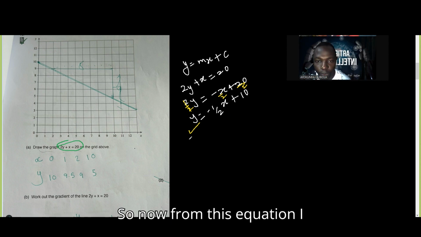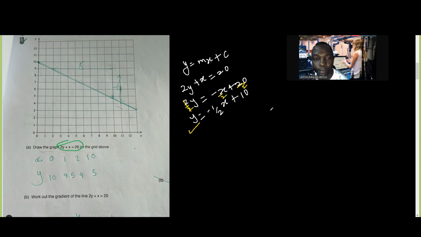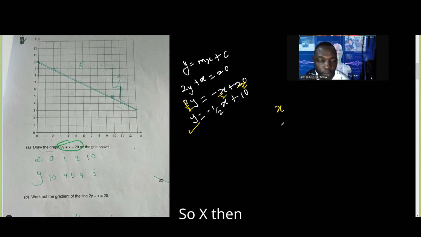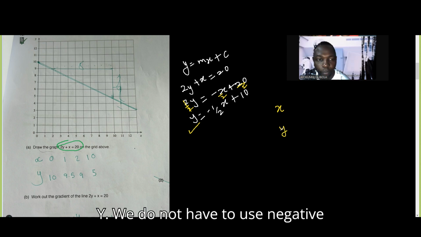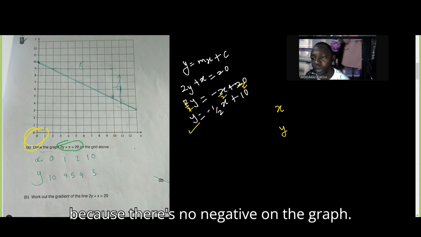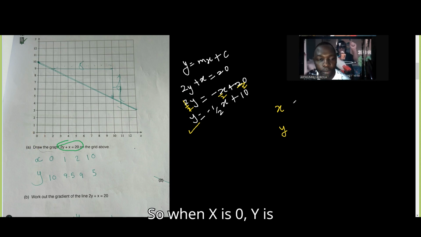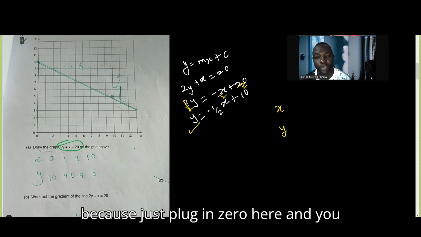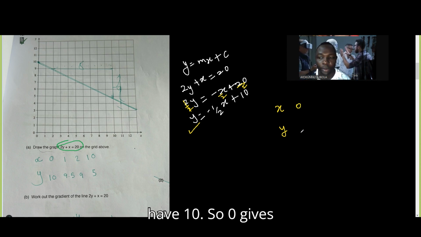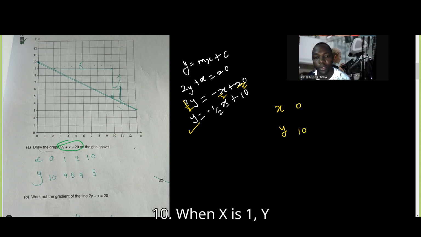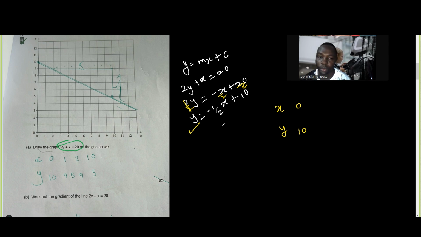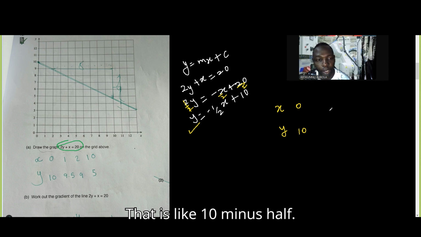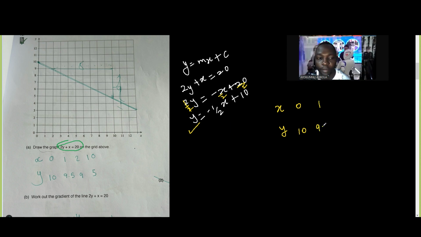So now from this equation, I think we can form a table. So x, then y. We do not have to use negative because there's no negative on the graph. So when x is 0, y is going to be 10, right? Because you just plug in 0 here and you have 10. When x is 1, y will be negative half plus 10, that is 10 minus half, that is 9.5.